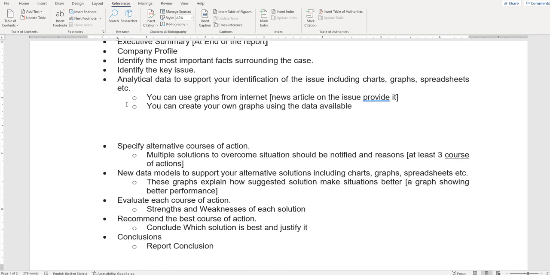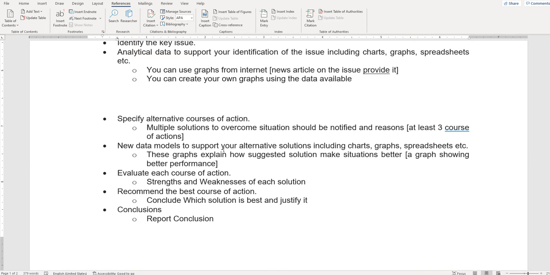Next, after discussing the key problem, we will be evaluating each course of action that could help the organization overcome the situation. As we are supposed to compare courses of action, it is recommended that you take at least three different solutions to overcome the problem, and explain how each solution can solve the problem.